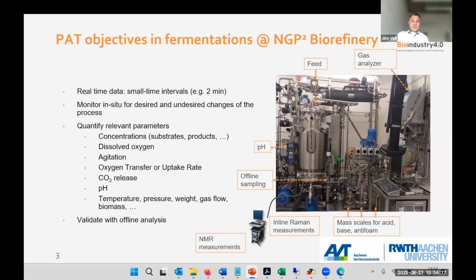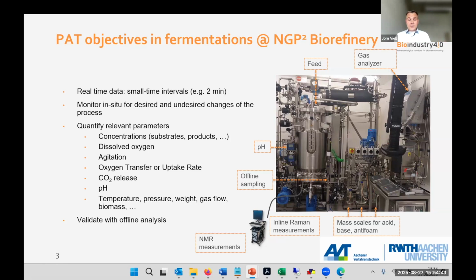The CO2 release as well. pH, of course, is not only monitored but also controlled, and temperature and pressure are usually set. Weight, simple thing: the level of the fermenter needs to stay constant, or, when you go for more complex feeding profiles, needs to be within the desired range. And it's, of course, validated with offline analysis.